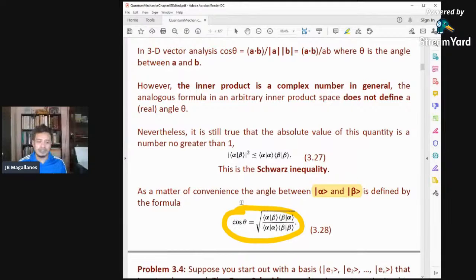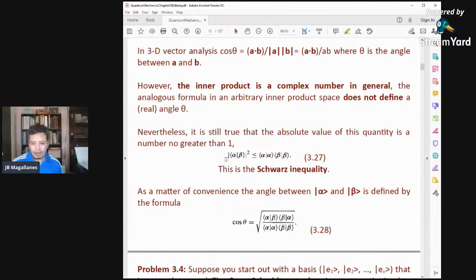Although it's hard to imagine how it's envisioned, the cosine of the angle between two n-dimensional vectors, you can use this formula to find it.